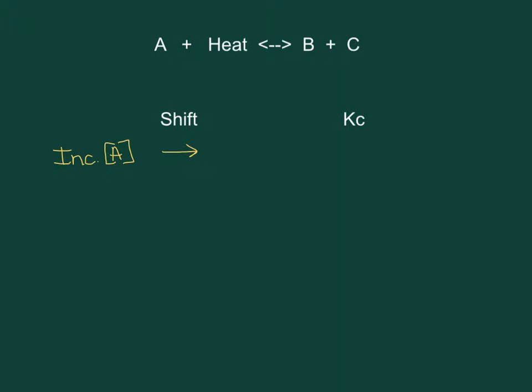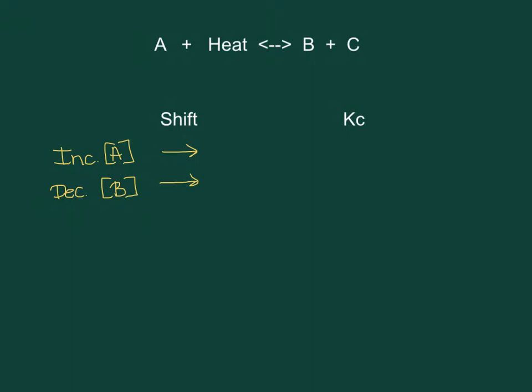I can also take things away. If I decrease the concentration of B, that's also going to shift the reaction to the right, because now I need to make more B in order to compensate. So if I remove something, the reaction is going to shift in the direction of whatever I'm removing.